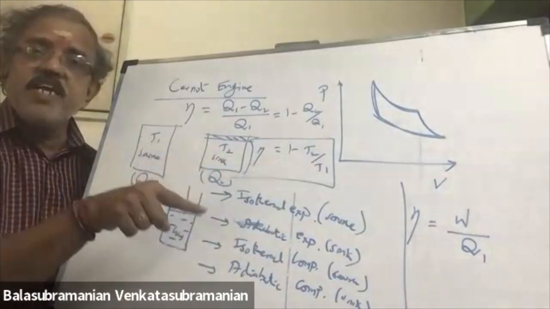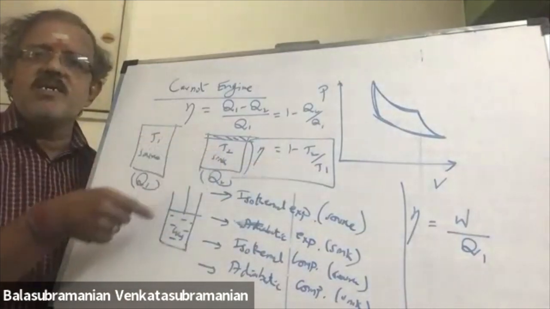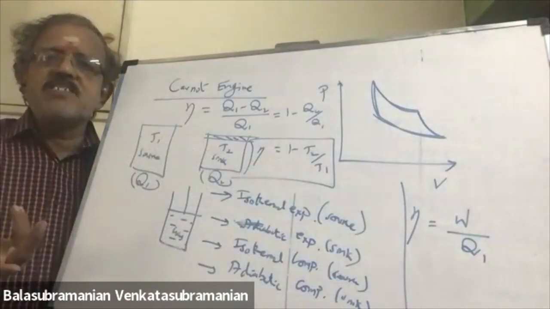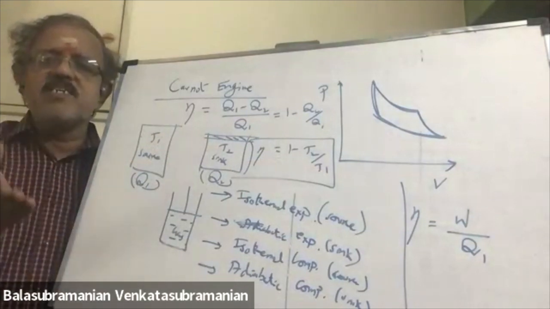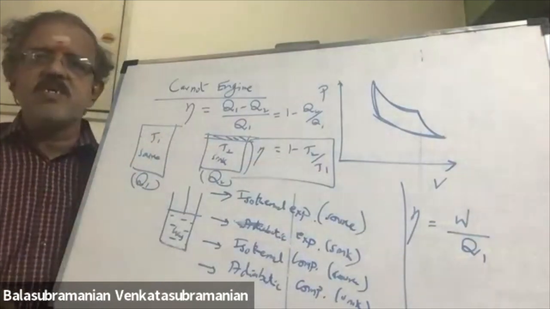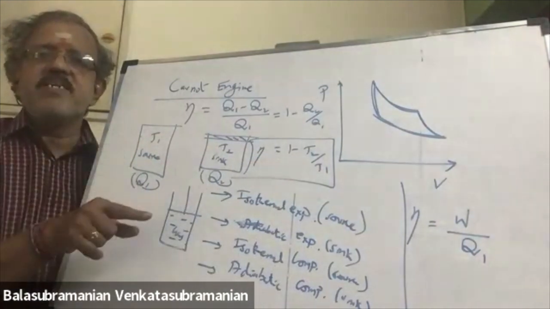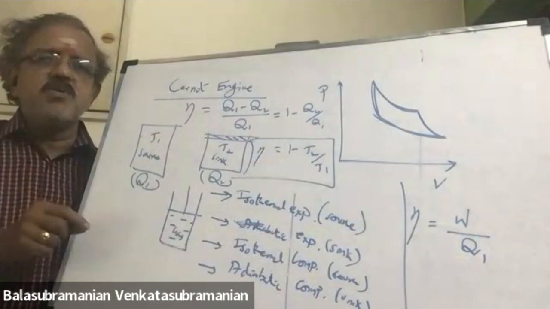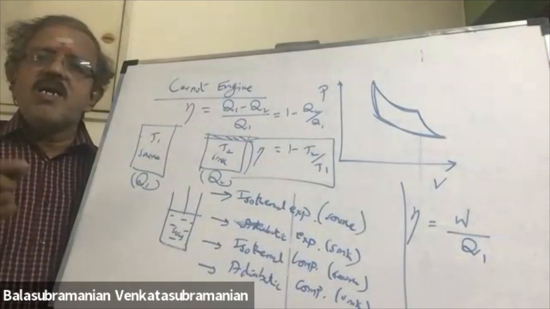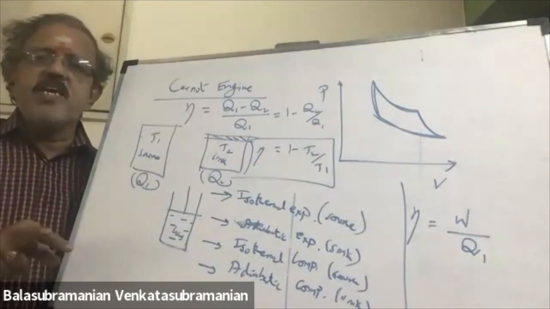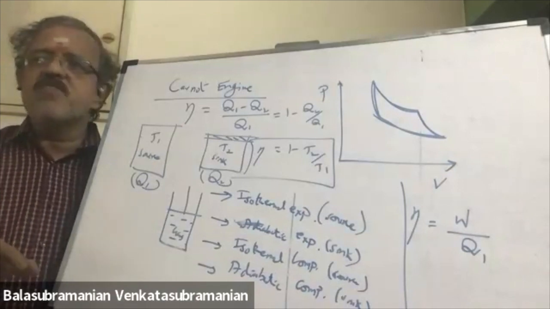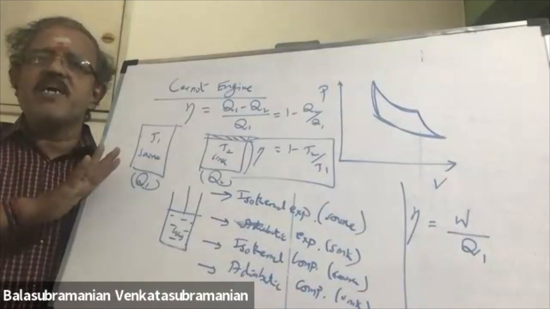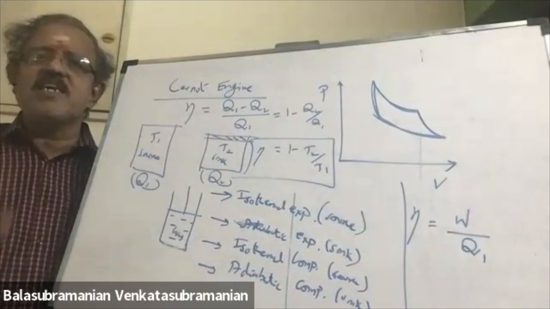T1 is infinity means eta can be 1. All temperatures are measurable. Even the sun's temperature itself, 14 million Kelvin, is measurable. So infinite temperature is not possible. So T2 cannot be 0 or T1 cannot be infinity. Therefore, the efficiency of the Carnot engine will never be 100%. It is always less than 100%.